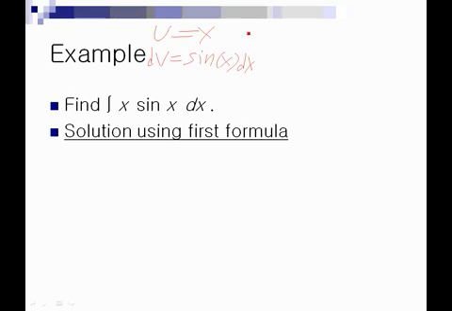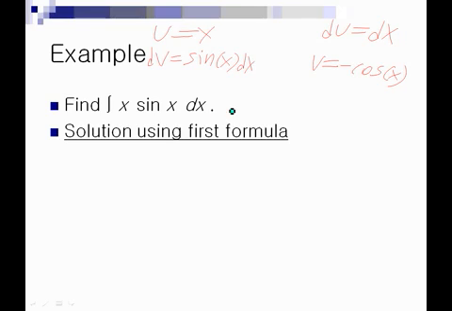That means du is dx, and if you undifferentiate, v should be negative cosine of x. We could add a constant, but why make things more difficult? Okay.